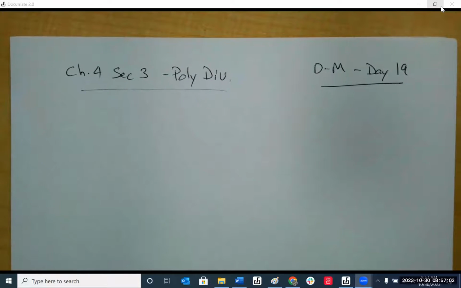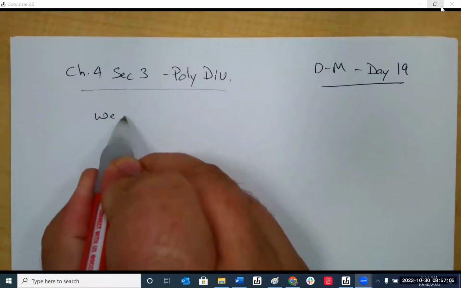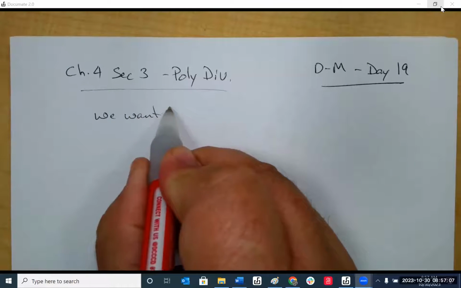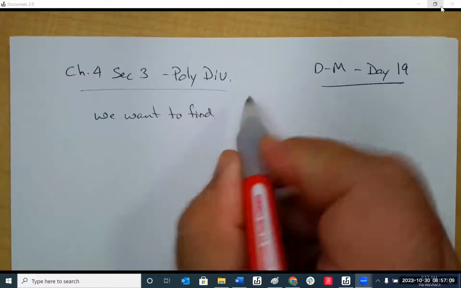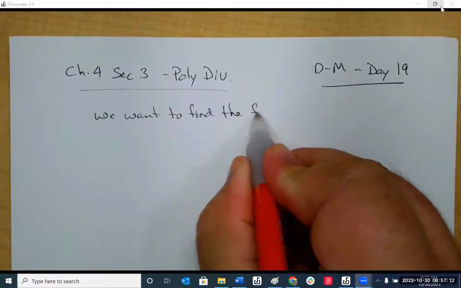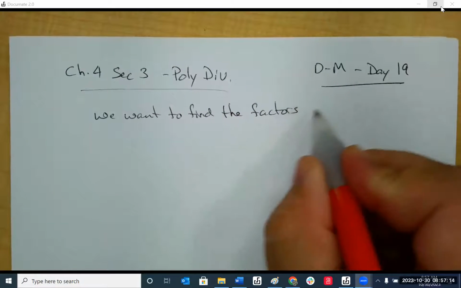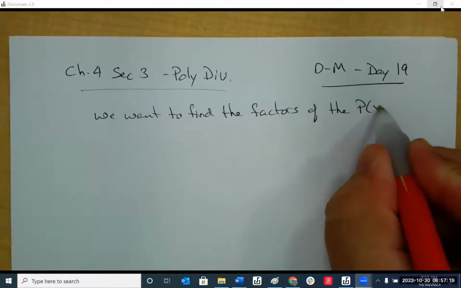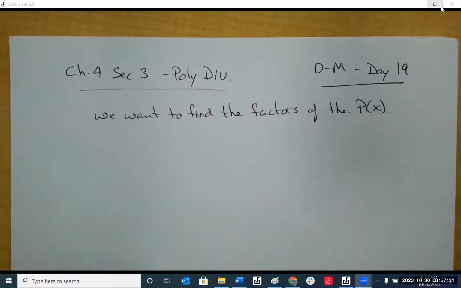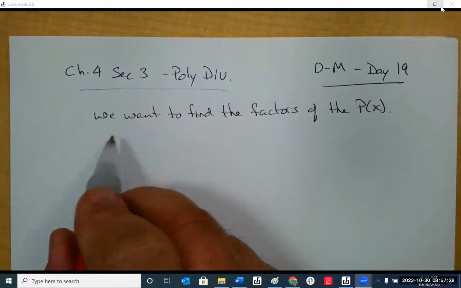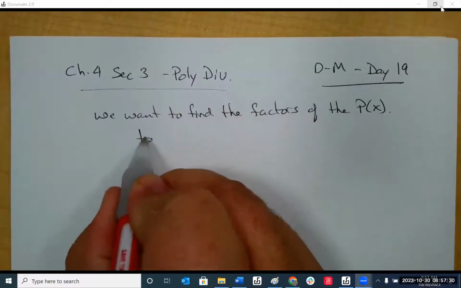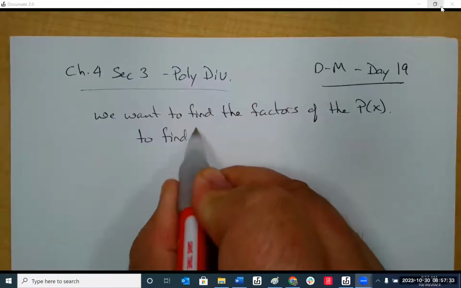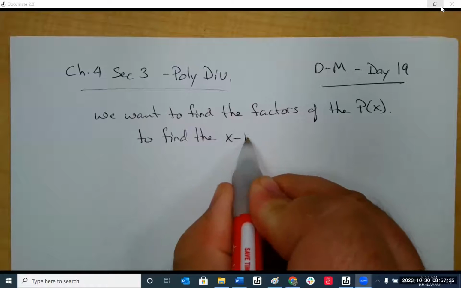Remember, our entire purpose is we want to find the factors of the polynomial P of x. Because once you find the factors, then you can set them equal to 0, and you can find the x-intercepts. We need to find the factors of P of x to find the x-intercepts.